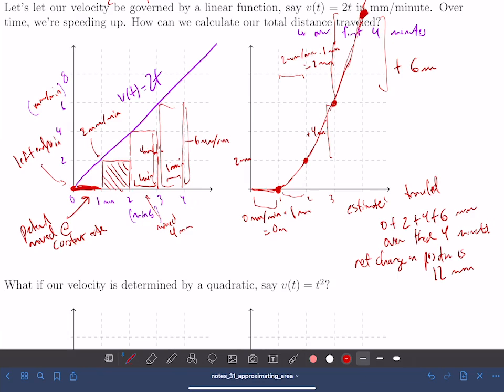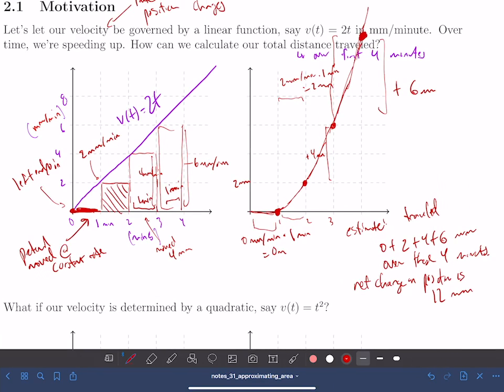And it's an estimate because there is all this area here, here, here, and here. All of that was unaccounted for. I didn't count it. And so the rectangles were off, and I got an underestimate. So I actually moved further than 12 millimeters in those 4 minutes. And that's because I'm estimating, I'm not computing it exactly.